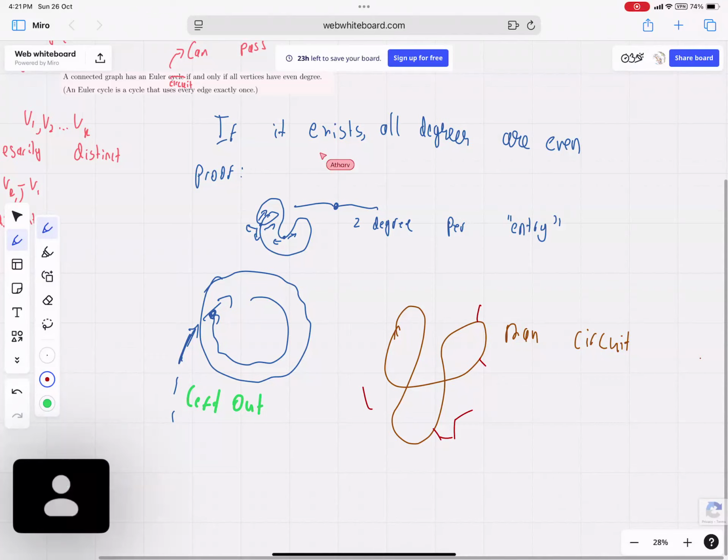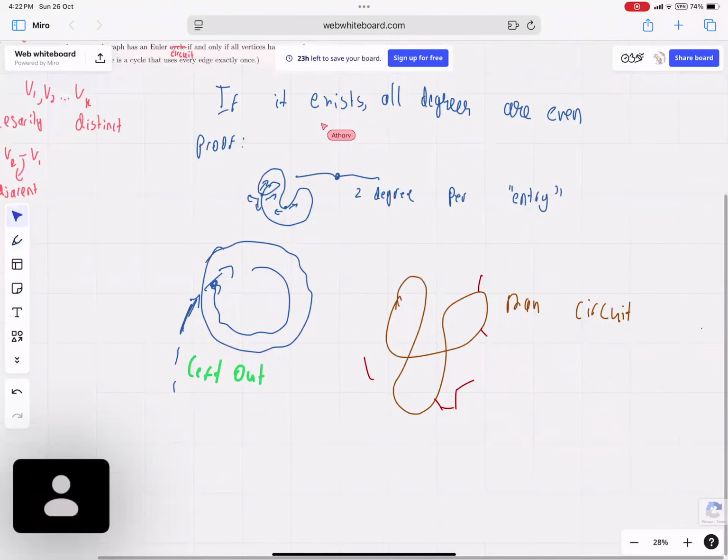The circuit that we have drawn would have an even number of edges, right? Why? Because an Eulerian circuit always has an even number of edges. No, not necessarily. What? Didn't we just prove that right now?